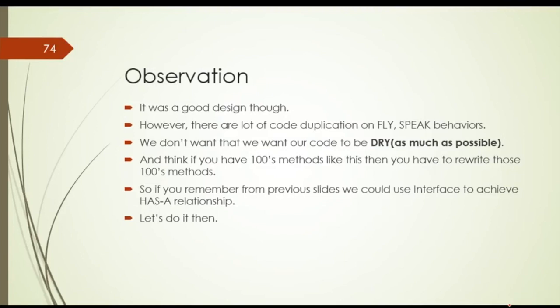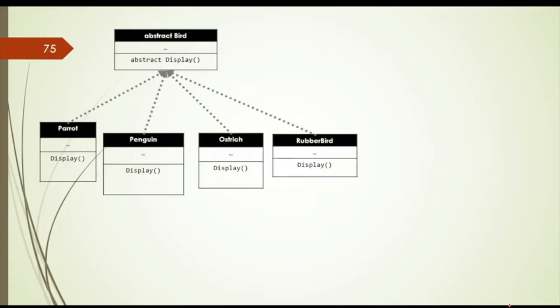So if you remember from the previous slide, we could use the interfaces or could use the has-a relationship so that we could achieve the modular approach. So let's do it then.